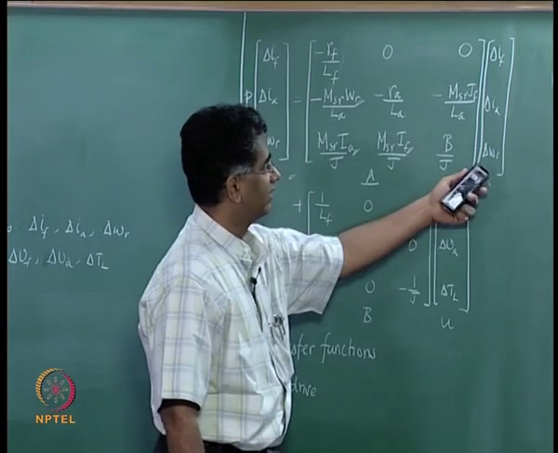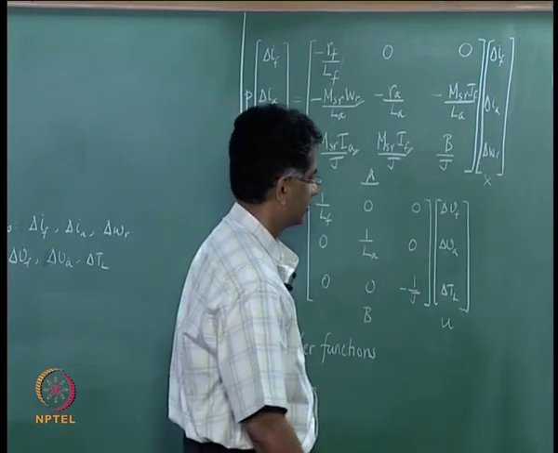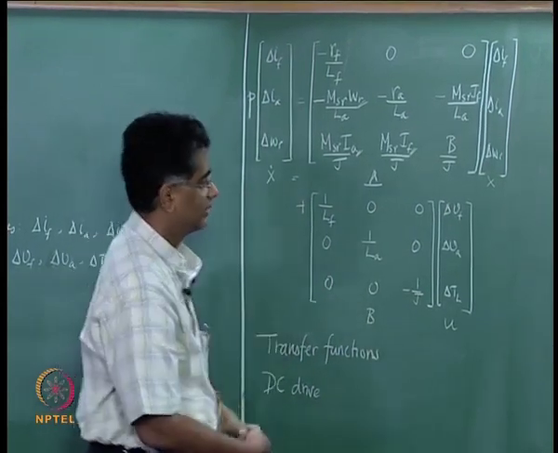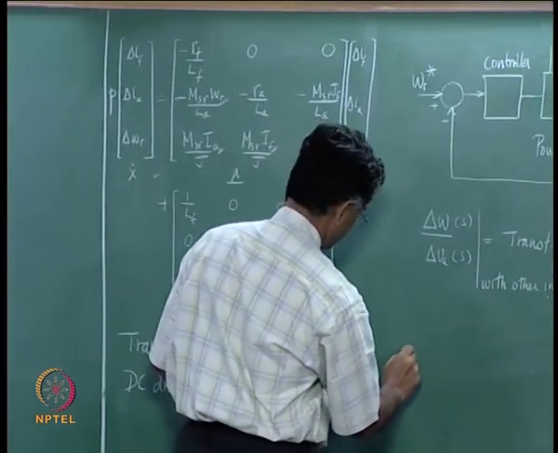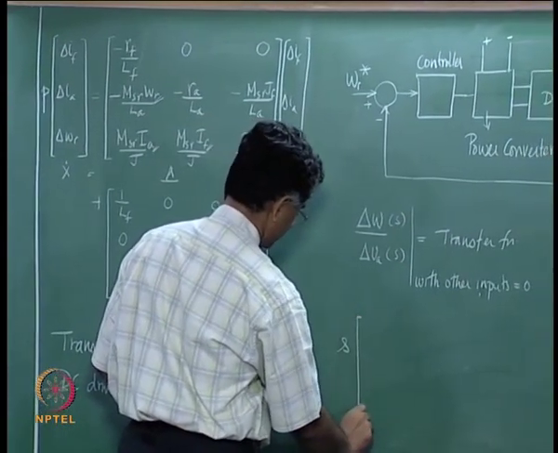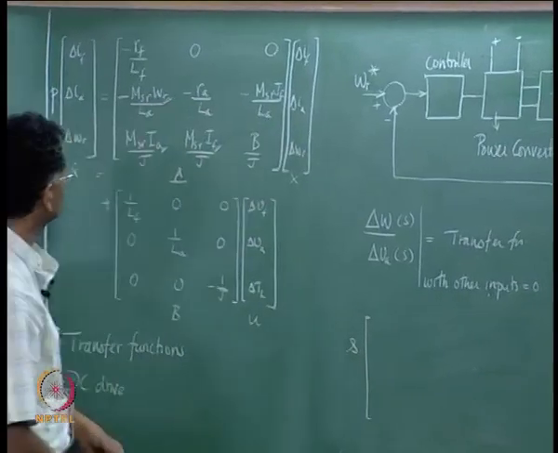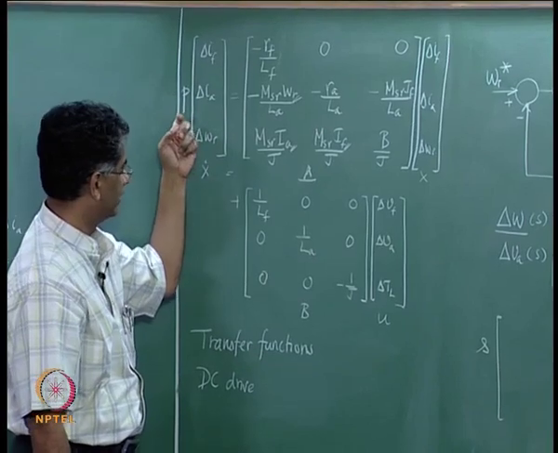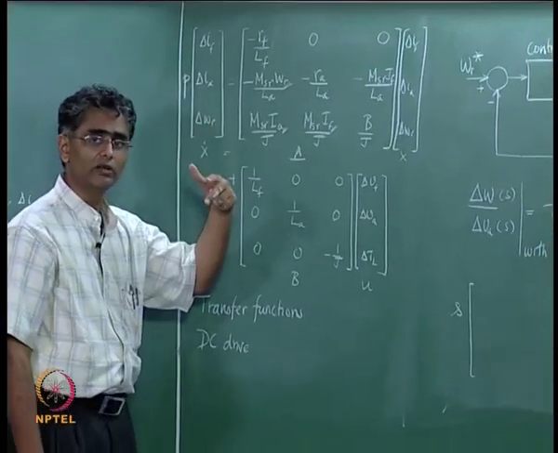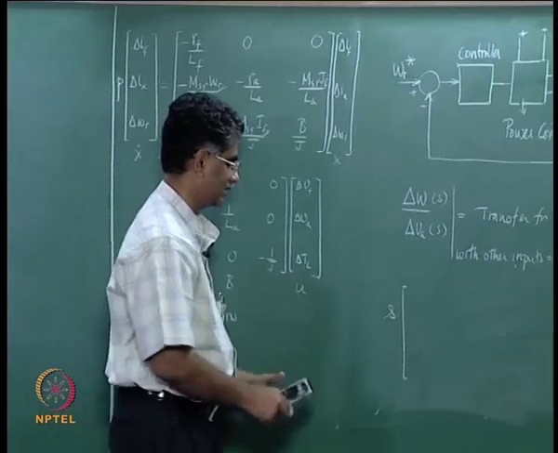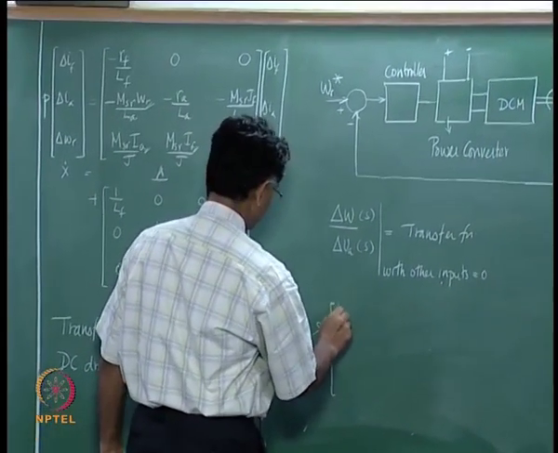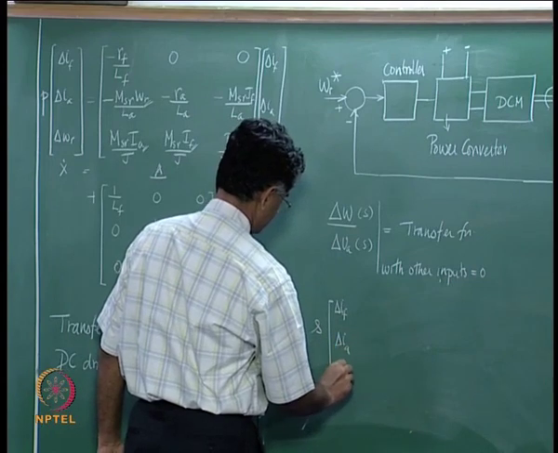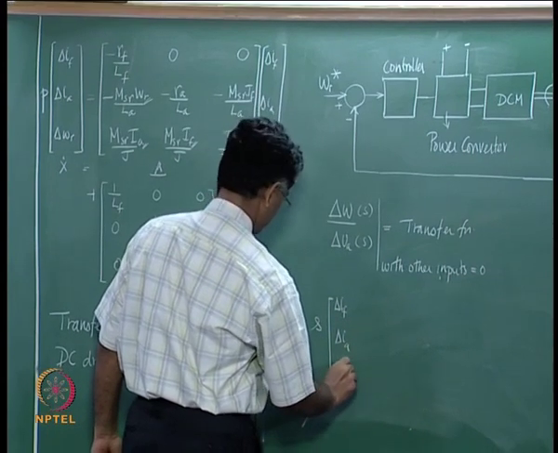You now have to evaluate what delta omega r is. So now it is easy to take the Laplace equivalent of this. If you go over to the Laplace domain, d by dt becomes s times, so s times delta IF, then delta IA, delta omega r.